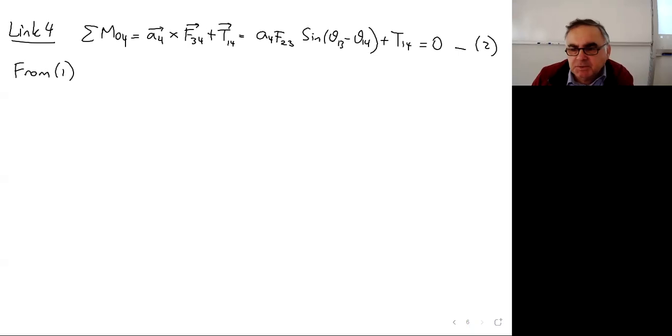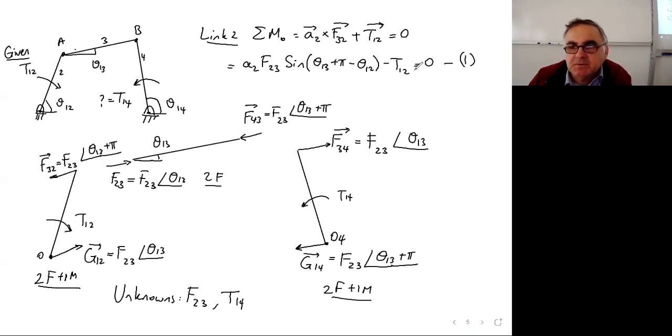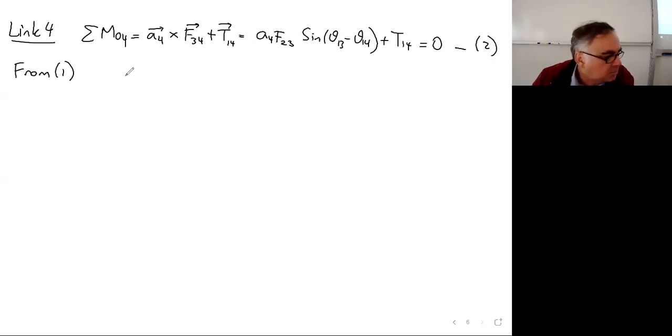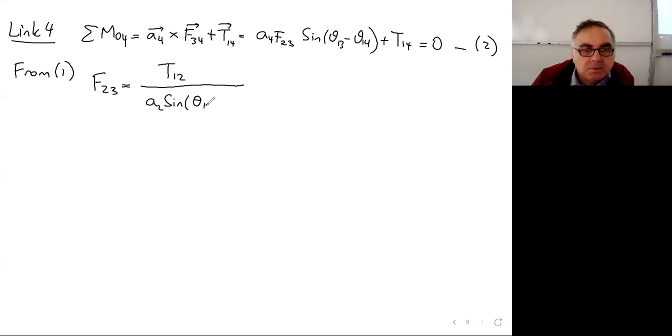The first equation we had, remember, we had this was our first equation. So we have an expression for T12. We can solve for F23 from T12. T12 divided by A2 sine of θ13 plus pi minus θ12, which you can substitute into here.